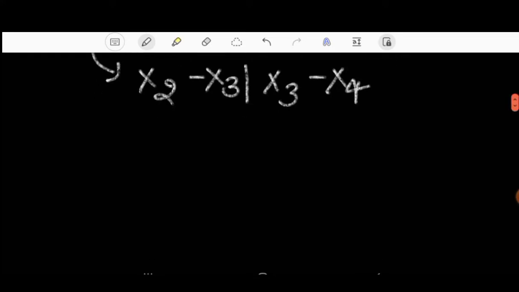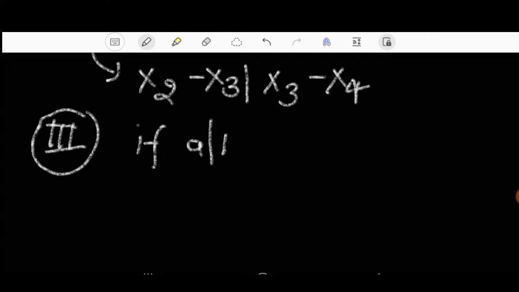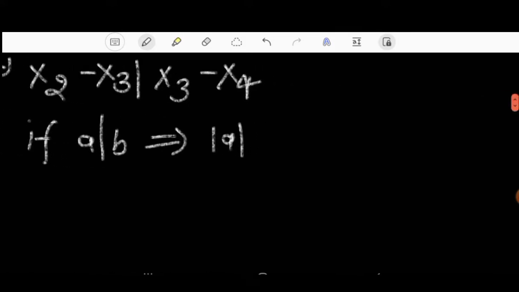And one thing that we know, this is our third proposition of this problem: if A divides B, then the absolute value of A must be smaller than or equal to the absolute value of B.